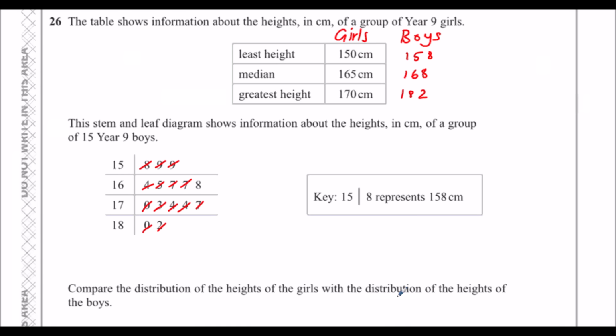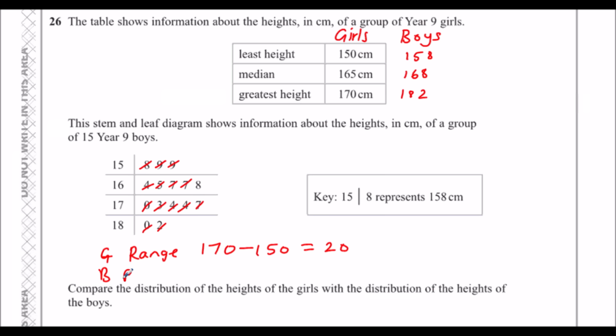We're comparing the distributions, so we need to compare the median, and we'll compare the spread, we'll compare the range. So the range for the girls is 170 take away 150, which is 20.